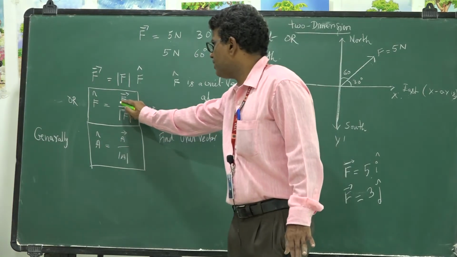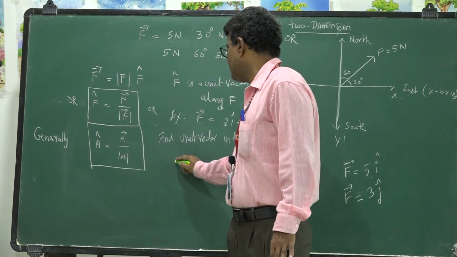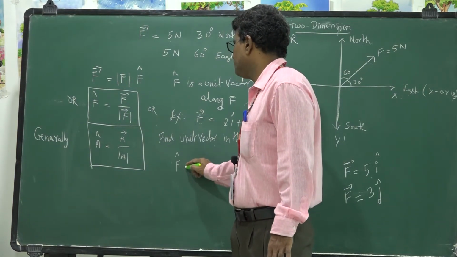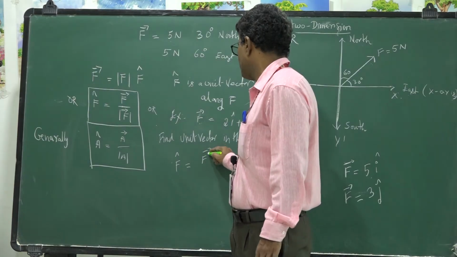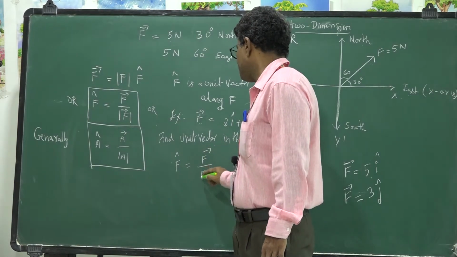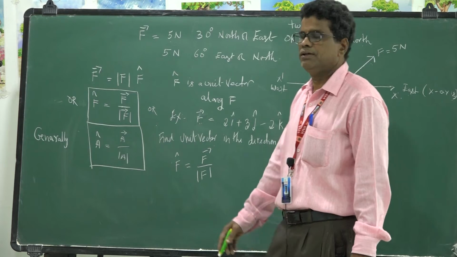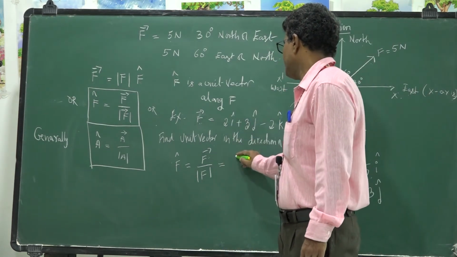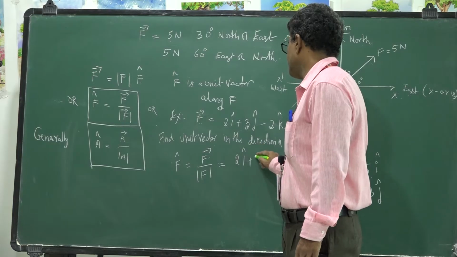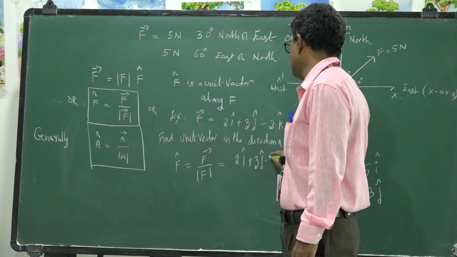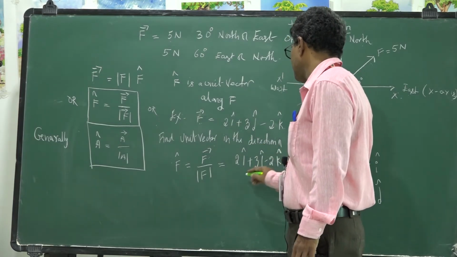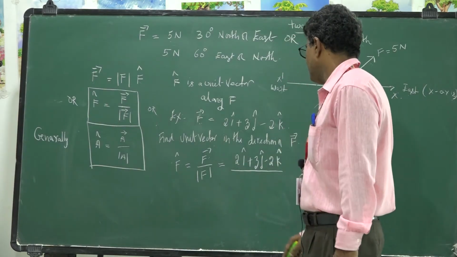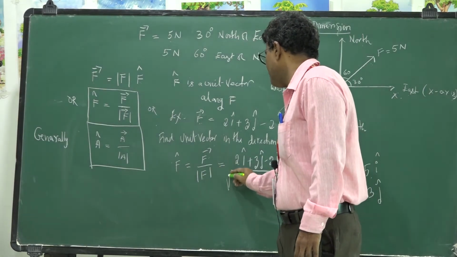So what is the formula? Unit vector F cap is equal to F bar by its magnitude. So what is F bar? It is 2 i cap plus 3 j cap minus 2 k cap, divided by the magnitude of F bar.